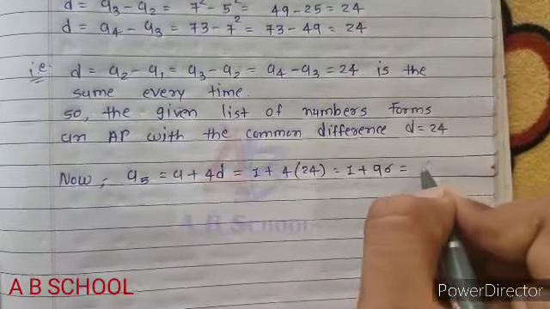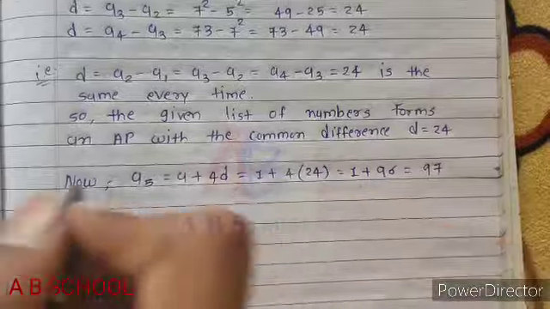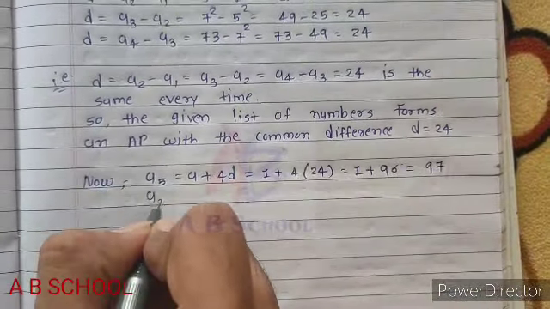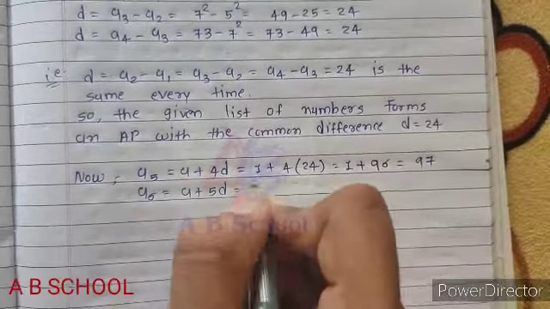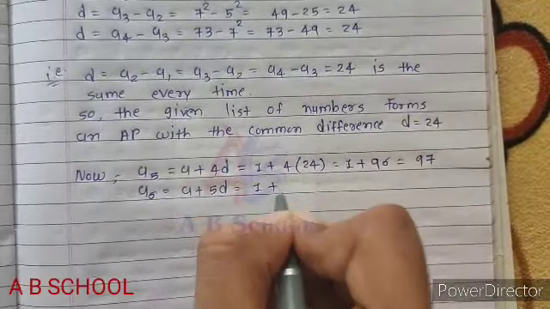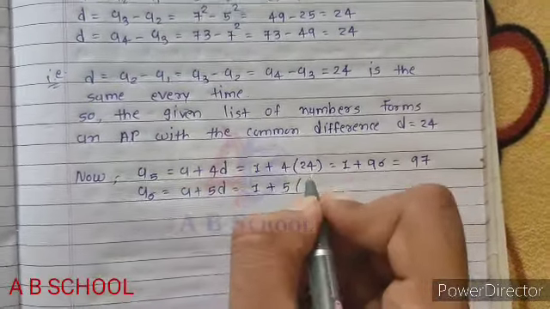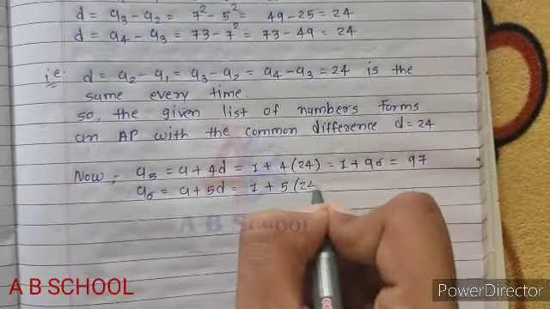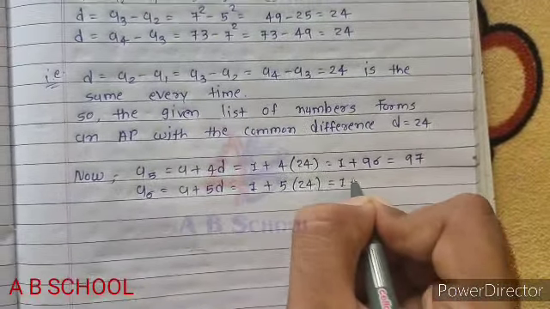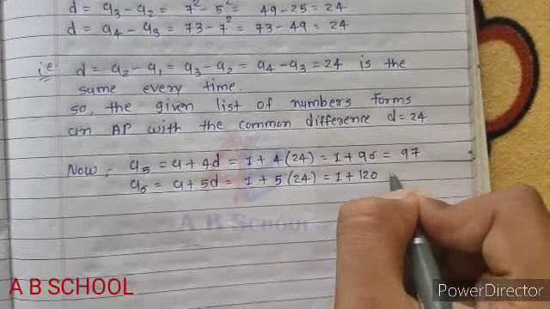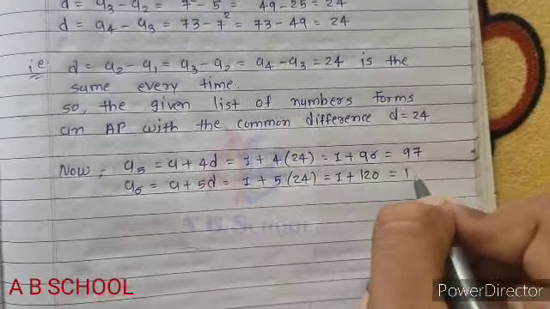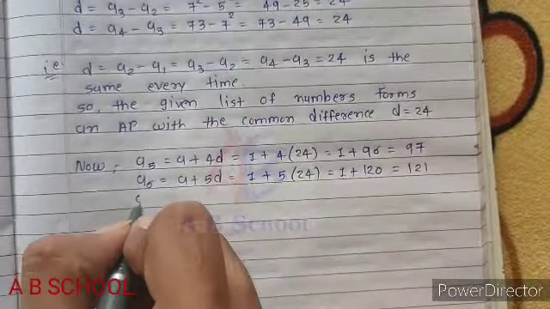So 1 plus 96 is equal to 97. Value of A6 is equal to A plus 5D. A is equal to 1 plus 5, common difference D is equal to 24. So 24 fives are 120. 1 plus 120 is equal to 121.